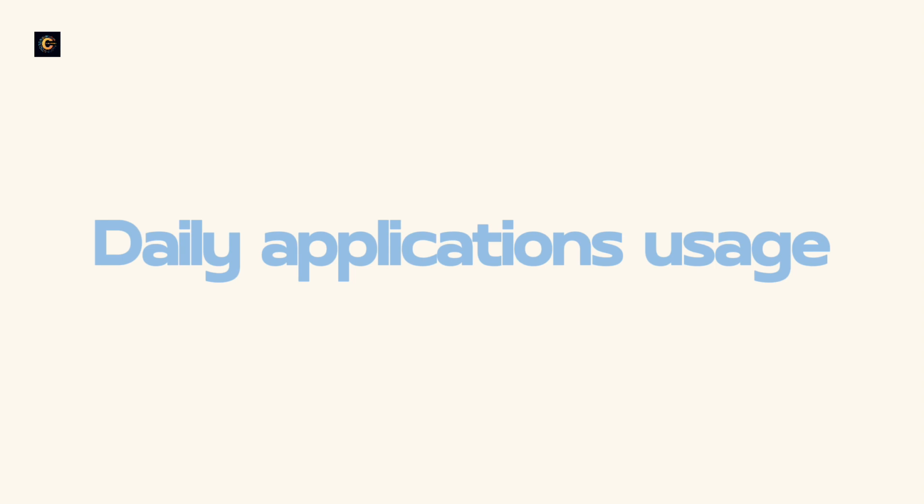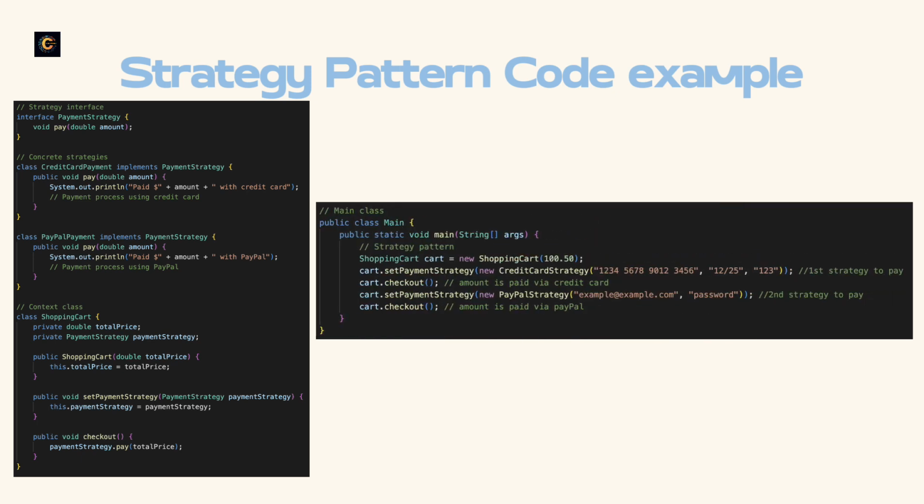We will start with the strategy pattern. Here is a simple example where we have different payment strategies for an online food ordering system. We have an interface payment strategy, and there are two payment strategies: credit card payment or PayPal payment. Now we have a context class shopping cart which needs reference of a payment strategy.